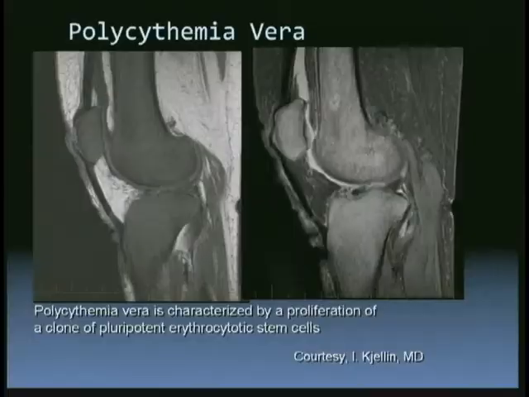This is a patient with polycythemia vera, where you can see that very homogeneous low marrow signal on T1. So there's absolutely no fatty marrow, and on the T2 it becomes much brighter than adjacent muscle, but very homogeneous.